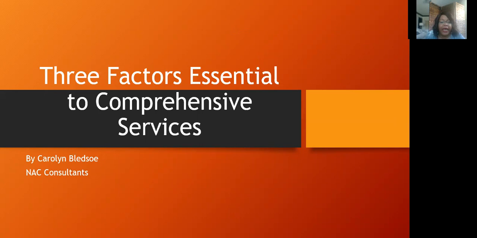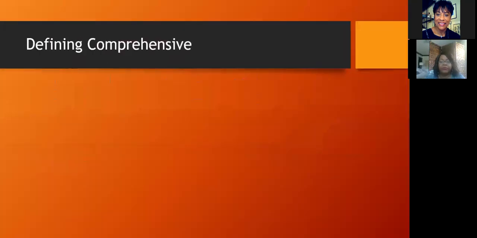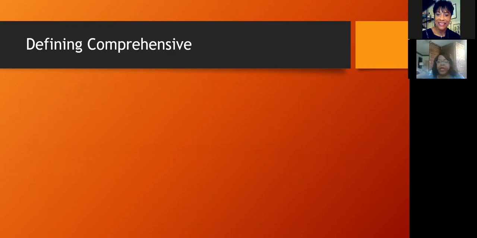As we get started, the first thing we're going to do is take a look at the word comprehensive, and we're going to do a definition here. As we take a look at defining comprehensive, we know that it is defined as a large scope involving much inclusiveness.